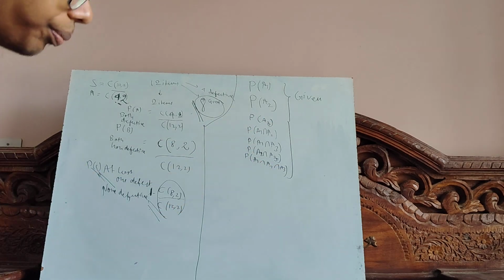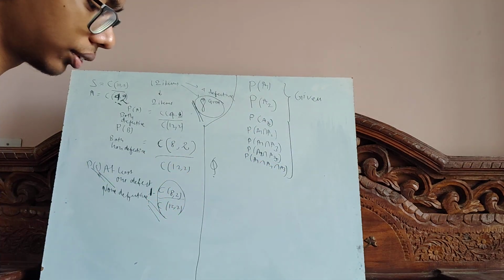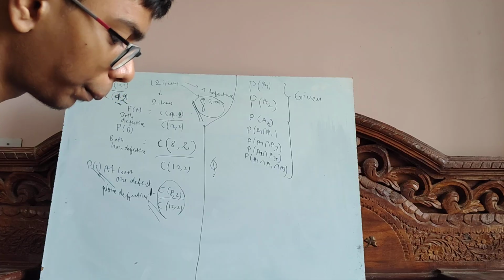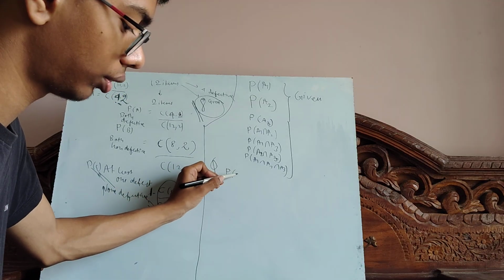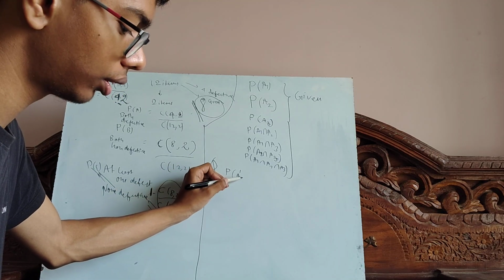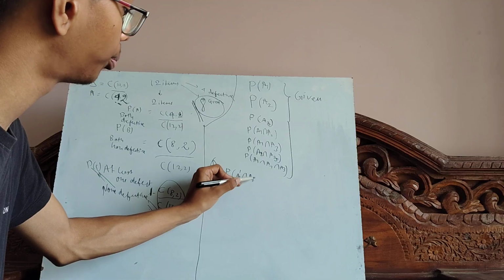These all are given. What I have to find is probability of A1 complement intersection A2 complement.